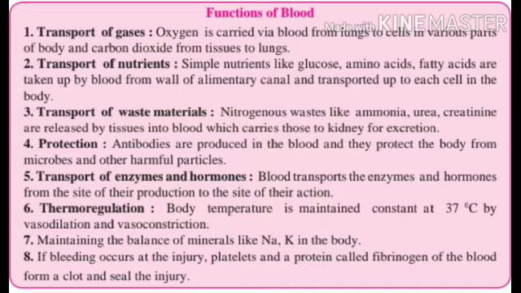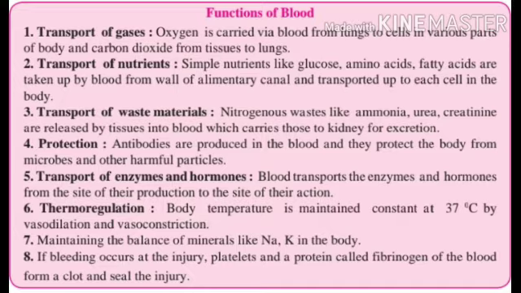Protection. Antibodies are produced in the blood and they protect from microbes and other harmful particles. Transport of enzymes and hormones. Blood transports the enzymes and hormones from the site of their production to the site of their action. Thermoregulation.